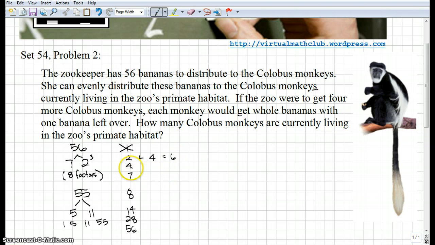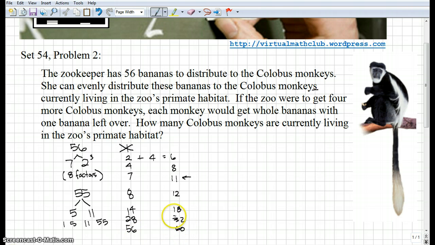If I add 4 to 4, I get 8. If I add 4 to 7, I get 11. Now, 11 is one of the factors of 55, so that's a possibility. Let's go on down here. If I add 4 to 8, I get 12. If I add 4 to 14, I get 18. If I add 4 to 28, I get 32. And when I add 4 to 56, I get 60.